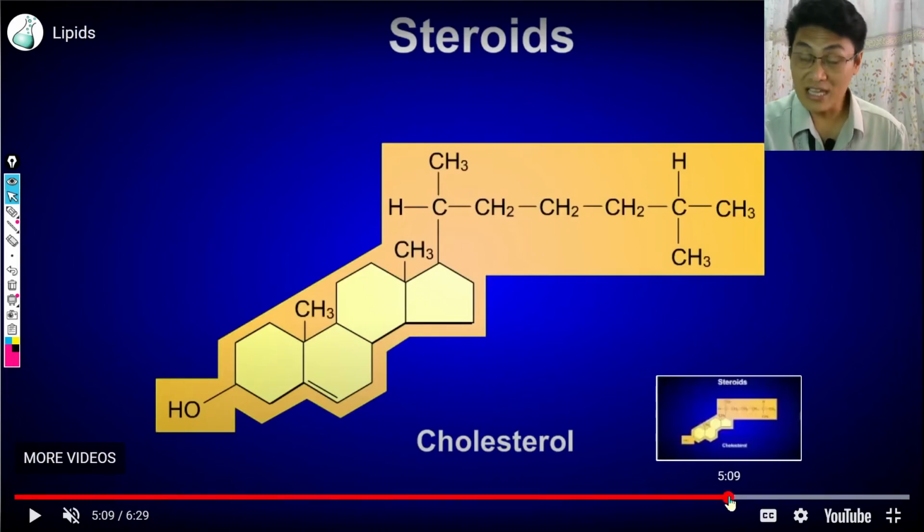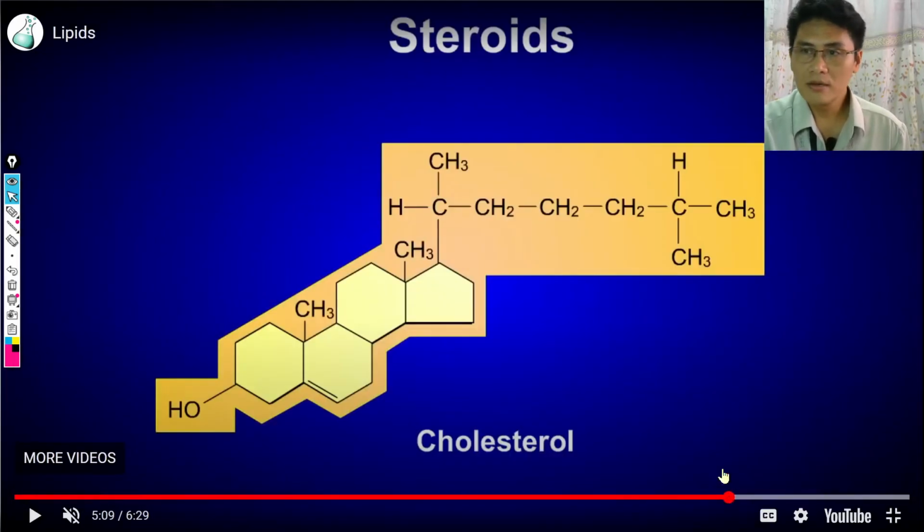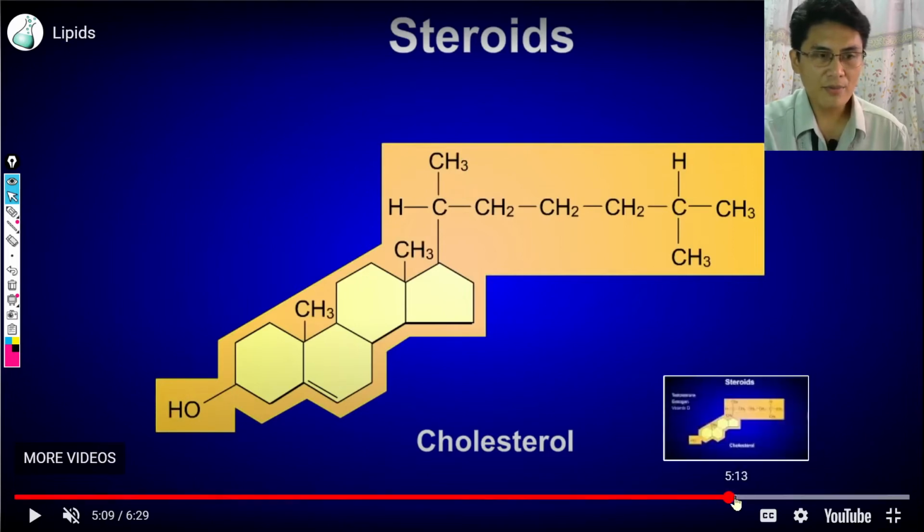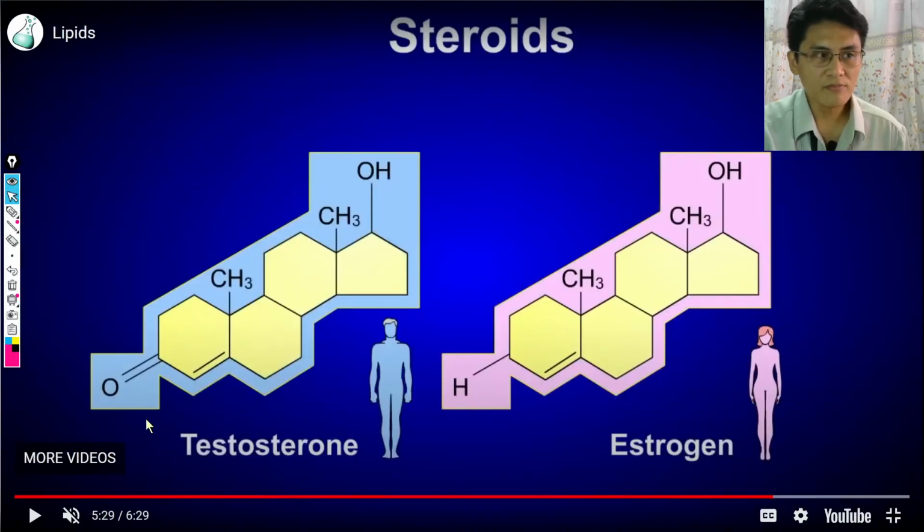And if it needs to synthesize testosterone, it will just simply remove this connection here and then remove this and replace it with an O. And then this one, replace it with an OH. And now you have testosterone. But what if you are in a female body and you want to create estrogen? Then you remove this O here and attach H instead.